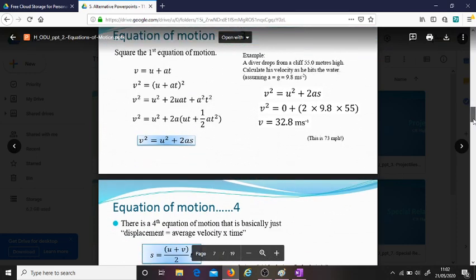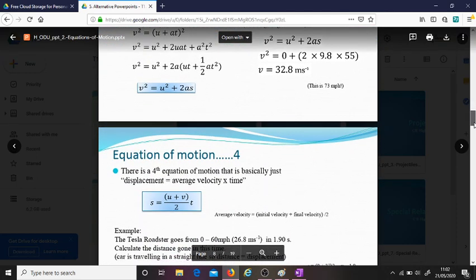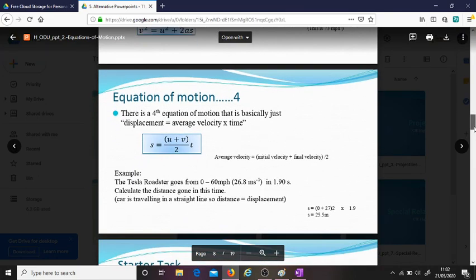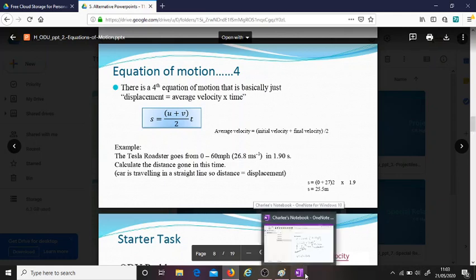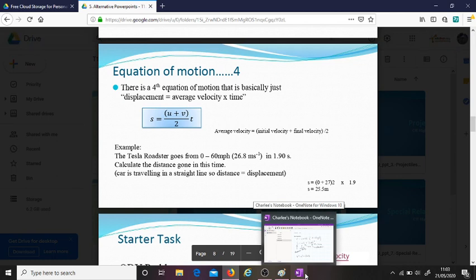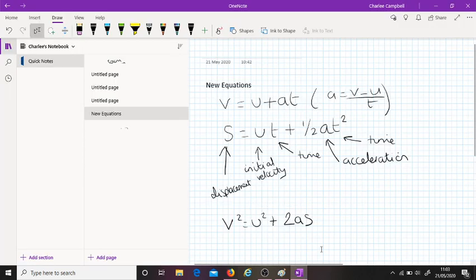You'll have an opportunity to practice all of these when you do the questions at the end of the video. So there is another one, which is S equals U plus V over 2 times T. It is in your equation booklet. I'm sure it's half U plus V times T. So I'm just going to write it as you will see it in your equation booklet.